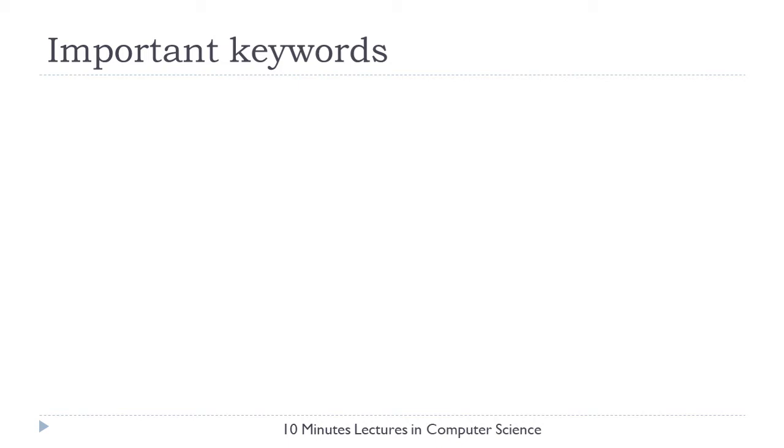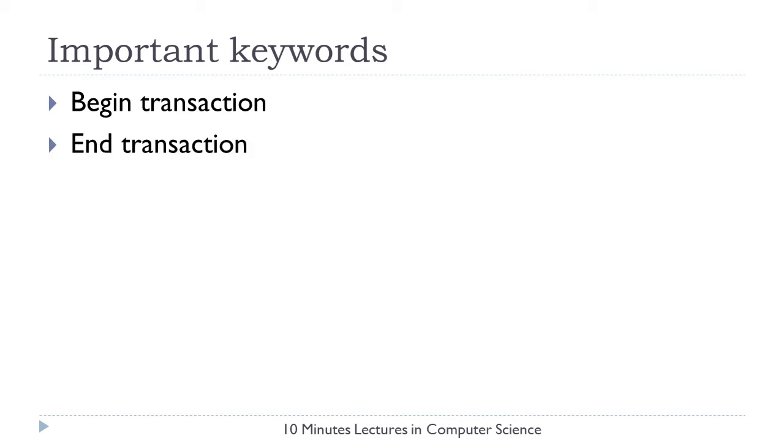Before going to the topic, let us see some important keywords. As we have just discussed, a transaction is a single logical unit of work which may consist of one or more instructions that may insert a record, update a record, or delete a record. We need to mark the boundary of every transaction using the instructions begin transaction and end transaction.